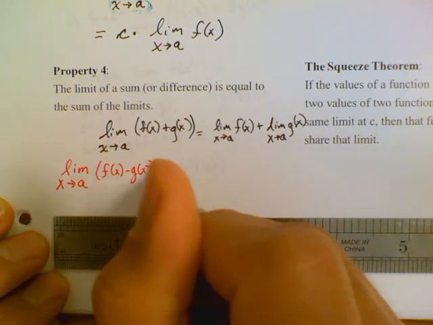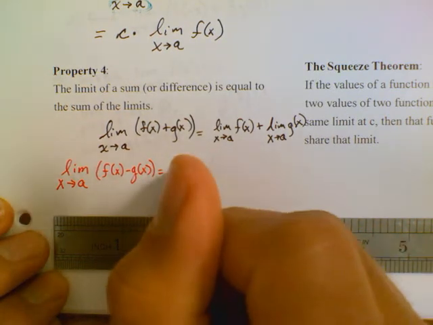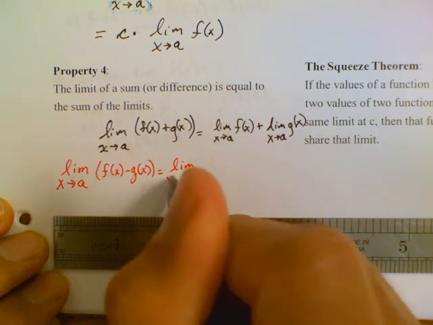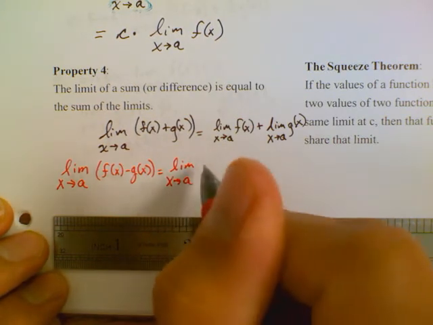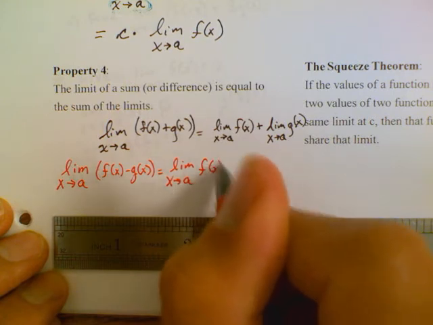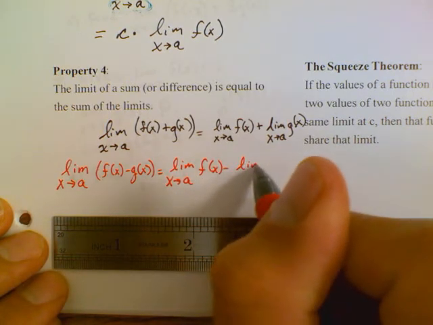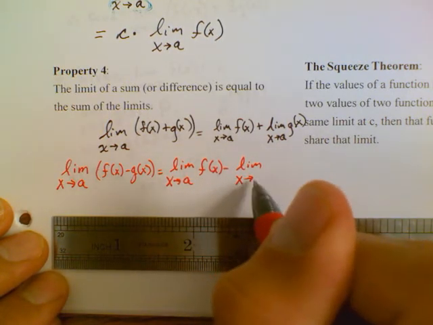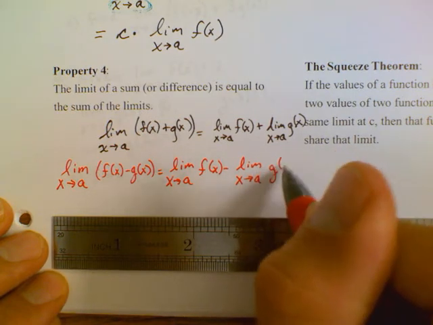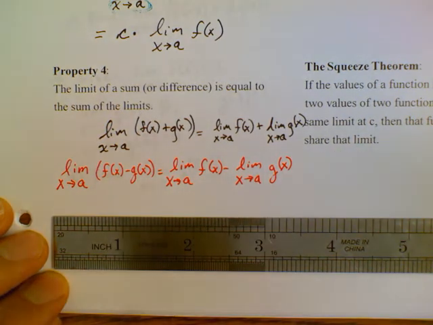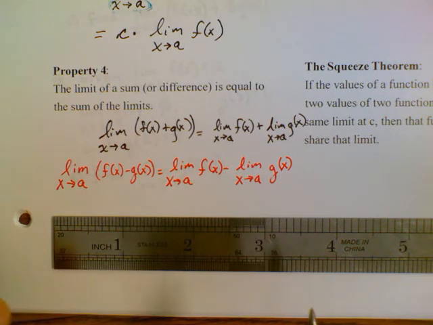Okay, so we're going to say that is the same thing as the limit as x approaches a of f of x minus the limit as x approaches a of g of x. Okay? So, helpful.